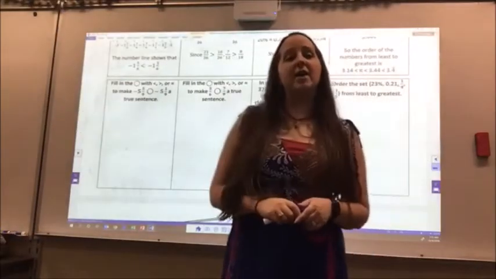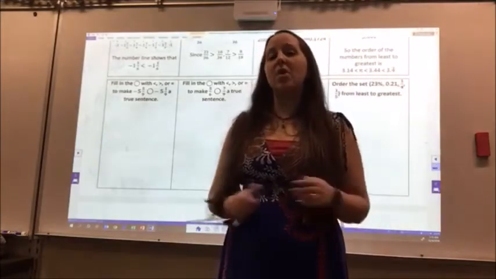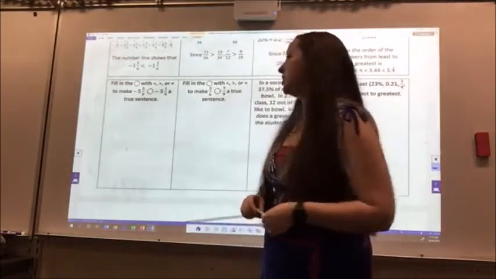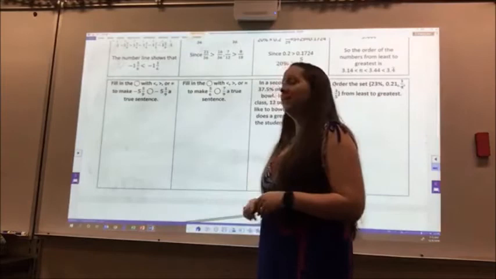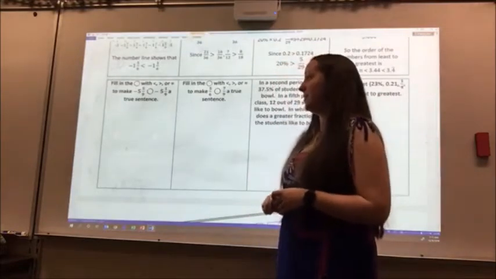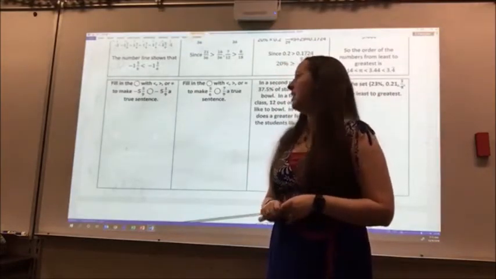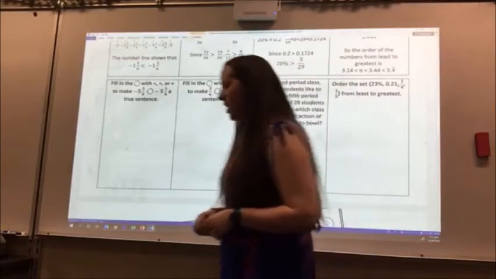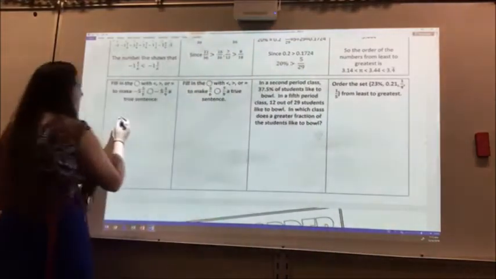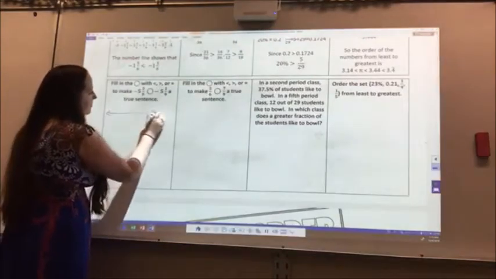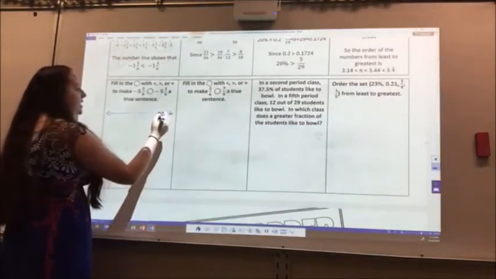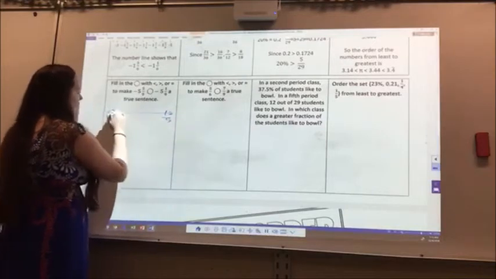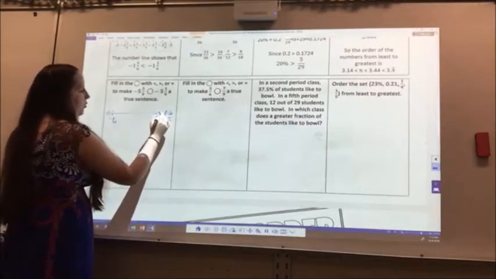All right, now that you've had a chance to try out the try problems, let's go over the answers together. The first one is: fill in the circle with less than, greater than, or equal to make negative 5 5/9 and negative 5 1/9 a true statement. I can draw the number line between negative 5 and negative 6, and they're ninths.